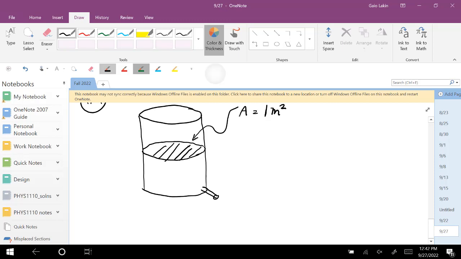And so the mass of the water is equal to, the area is 1, so the area times the height, which we're calling Z in this problem, times the density, which is 1,000 kilograms per meter cubed. And so the mass function, the mass that you have in that control volume is 1,000 Z.